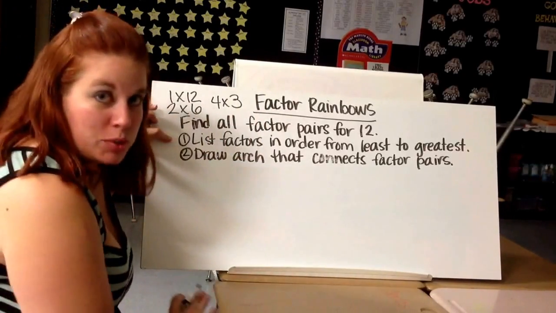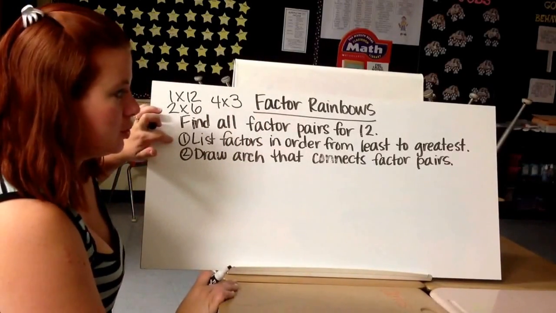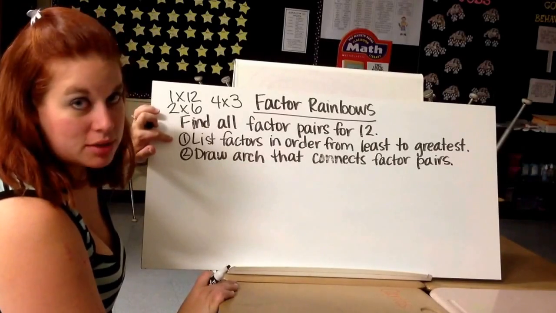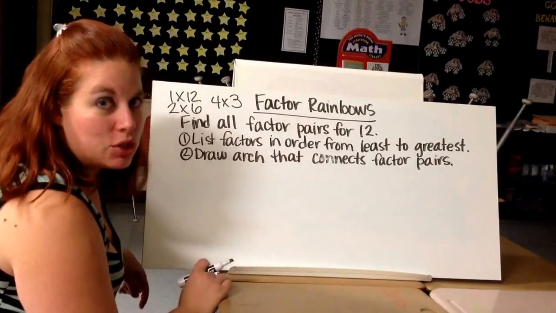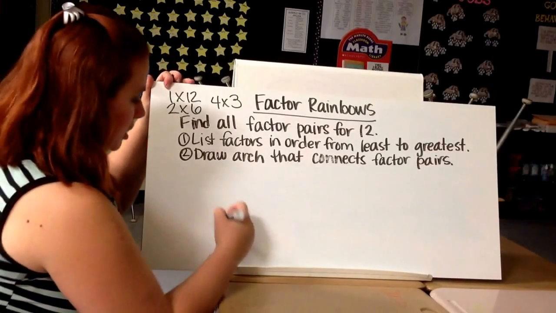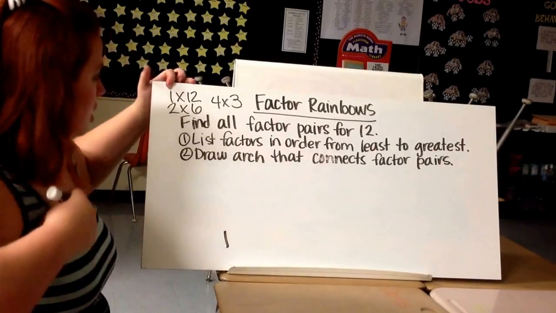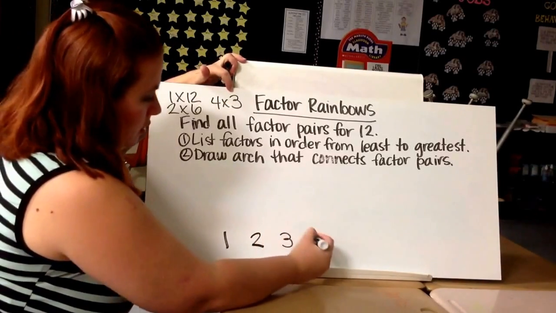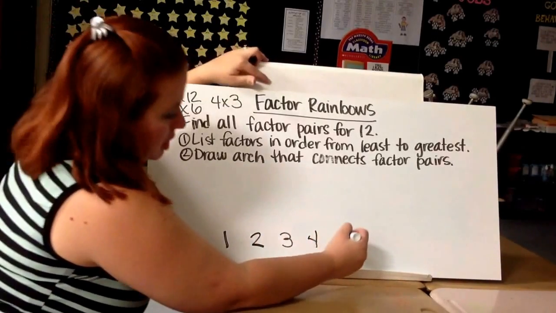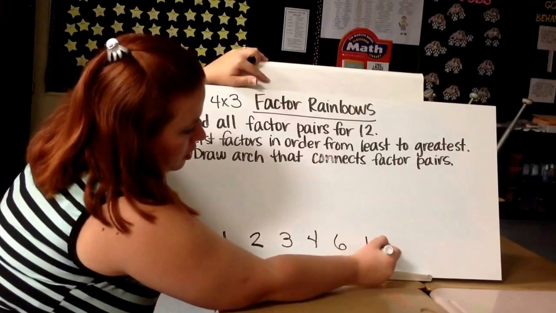Now, the first one says, list the factors in order from least to greatest. So I'm going to take all of the numbers I wrote down and list them in order from least to greatest. Least means smallest, so 1, and then 2, 3, 4, 6, and 12.